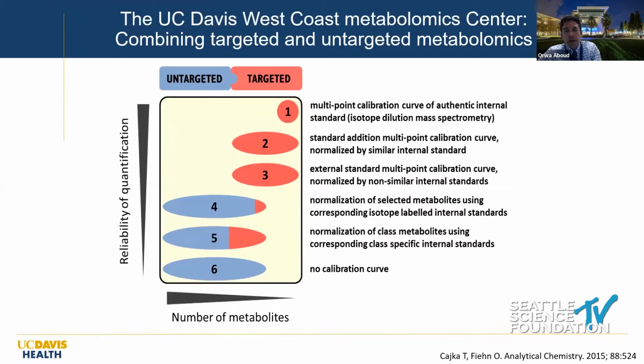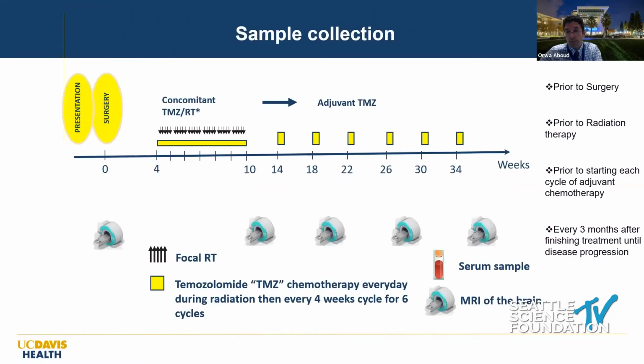We look at the metabolites, from those which are targeted and known, and move into the untargeted or unknown metabolites, which we are trying to look into from the tumor tissue and also from the plasma.